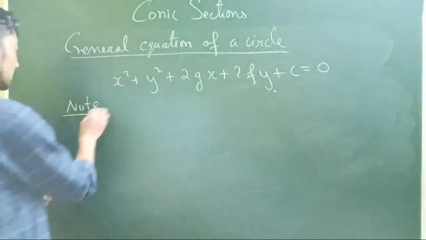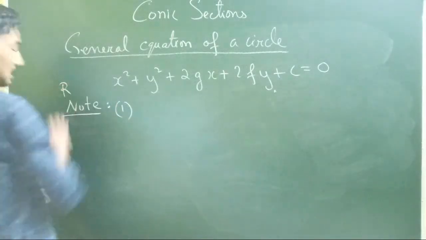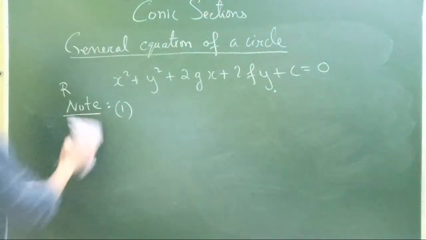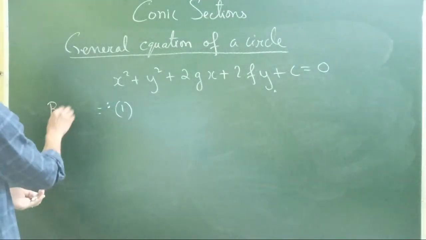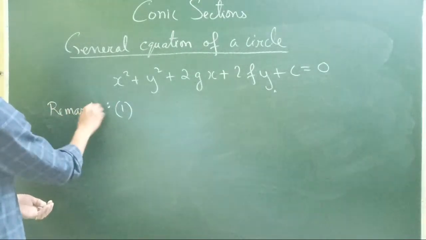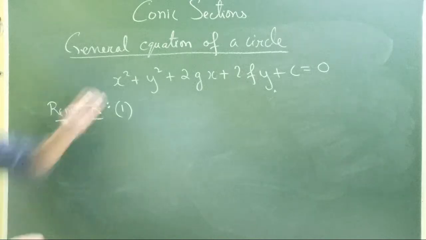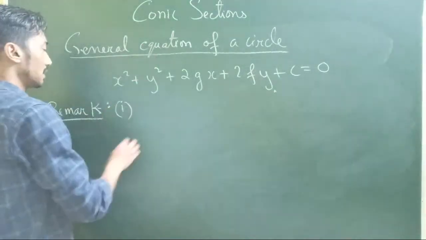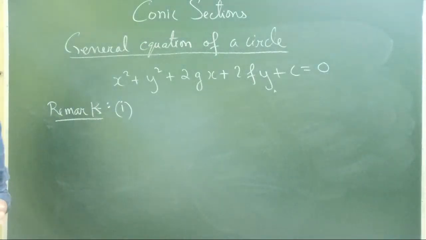Now you can write some more notes, let's write remark, regarding the equation of a circle. If this is the general equation of a circle, then the first remark is that every equation of a circle should be of second degree.